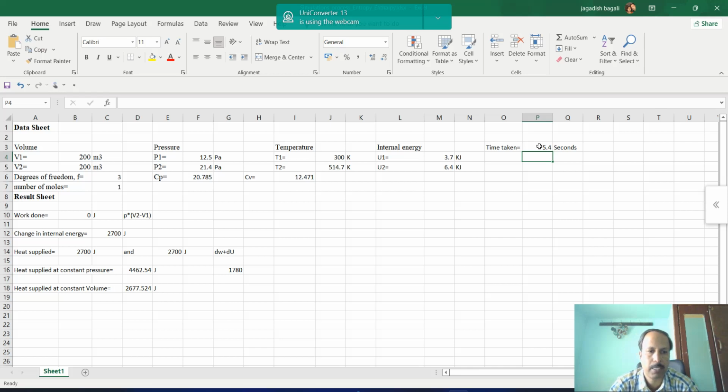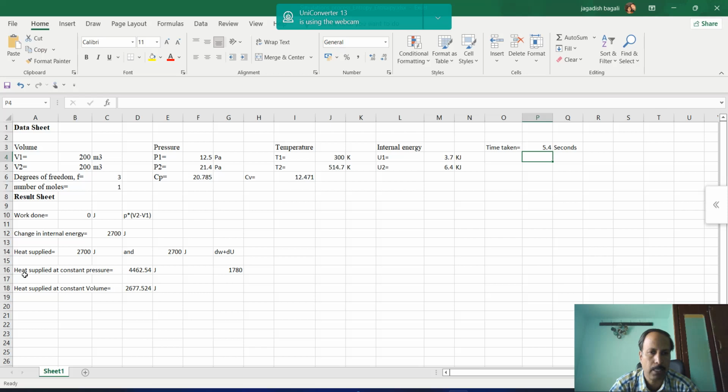Okay, now let us analyze the results that we have got. Since it is a constant volume process, the piston doesn't move, that means there is no work done. Hence the work done is 0 joules here. And then change in internal energy is 2700 joules. Heat supplied is 2700 joules.